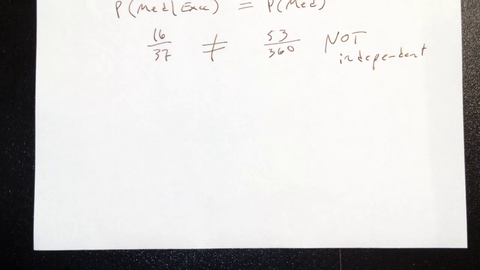Sometimes the table will get rewritten so that everything in the table itself is already a probability. The following is the same table.